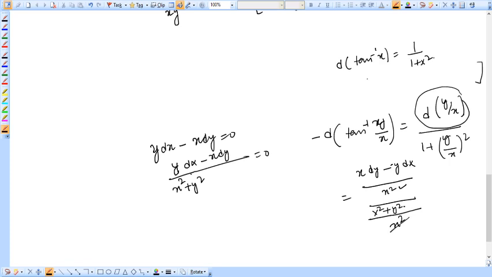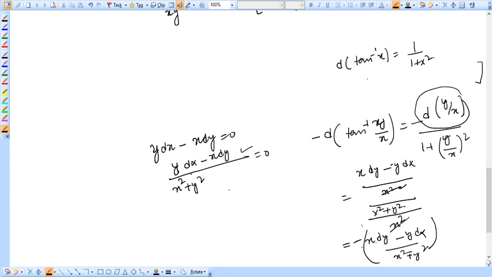After squaring, this will get cancelled, and thus you will be left with x dy minus y dx over x square plus y square. Okay, so there is a minus sign outside of this equation, so if you apply the minus sign here, this becomes the same as this equation, right? It is equal to this in negative, this in positive now.